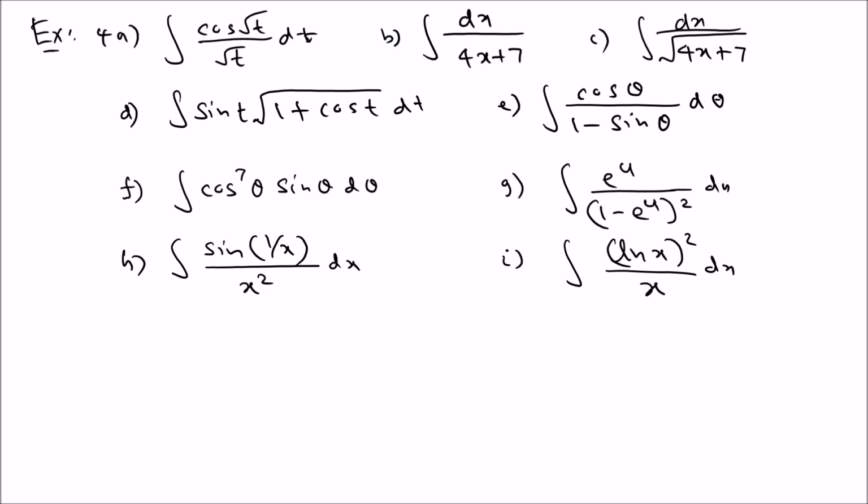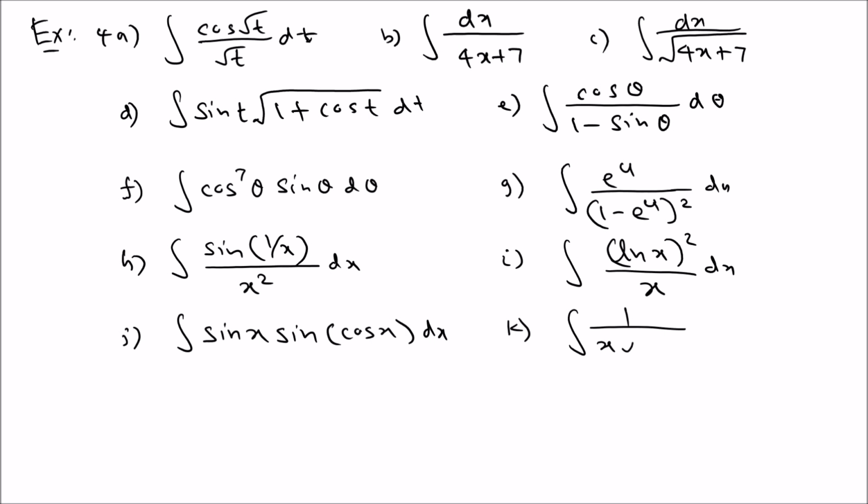It's obvious, I think. And J: sine x times cosine x dx. And then K: 1 over x ln x. We did a very similar one. L: how about e to the tan inverse x over 1 plus x squared.